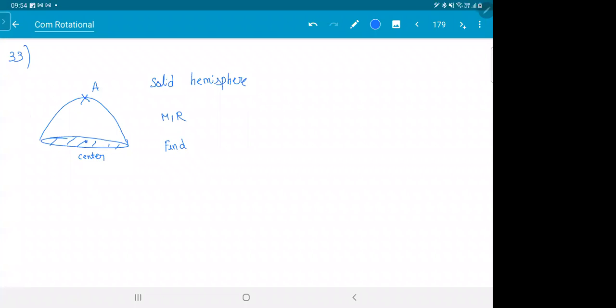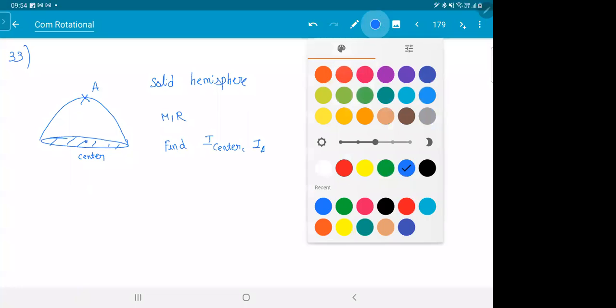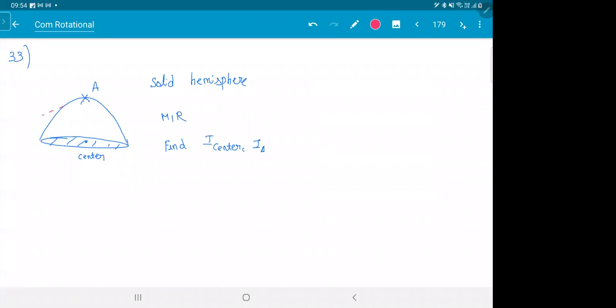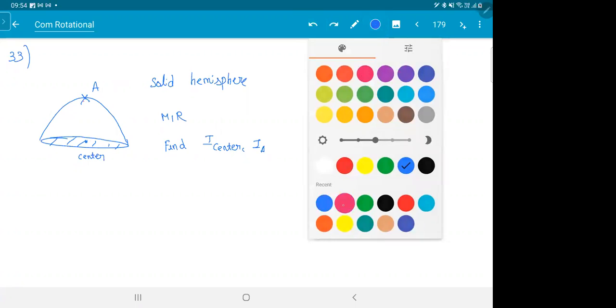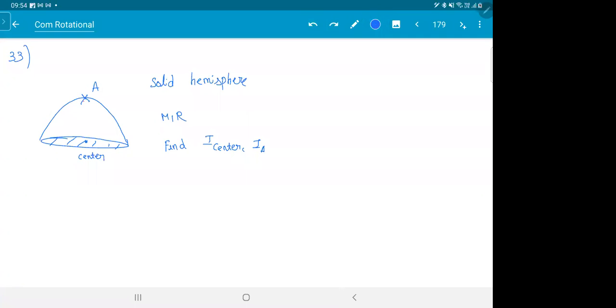Meaning, see, the axis is like this. Find I center and IA. The axis is into the plane. Get that? 3 minutes. Let's see what you'll get.